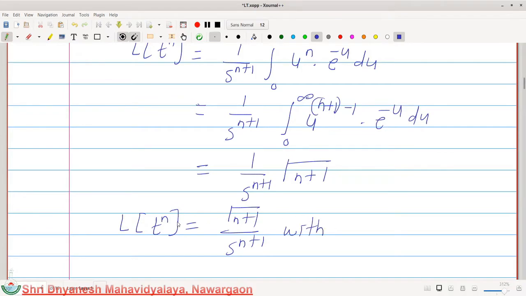Since n is chosen to be negative here, how will we find gamma n plus 1? By the formula, gamma n plus 1 upon n, where n is negative and n is not equal to minus 1, minus 2, and so on. Hope this is clear to you. So take a note of these transforms.